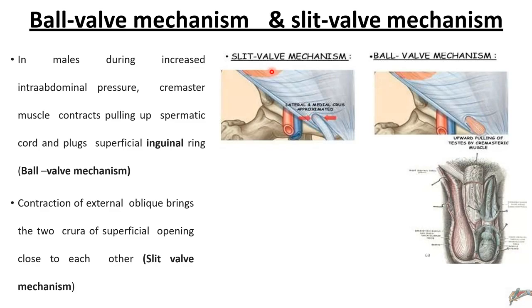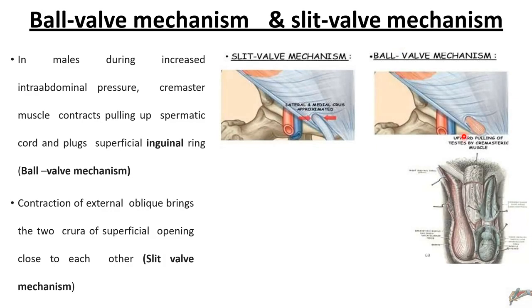Whenever the external oblique muscle contracts, these crura are going to approximate to each other, and that can allow closure of the superficial inguinal ring. Once it closes, the chances of herniations occurring are reduced. That's the slit valve mechanism. It's a slit that closes.